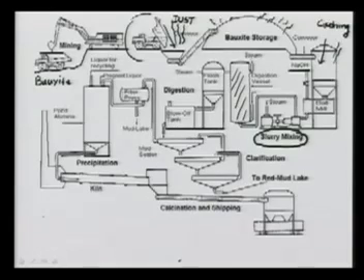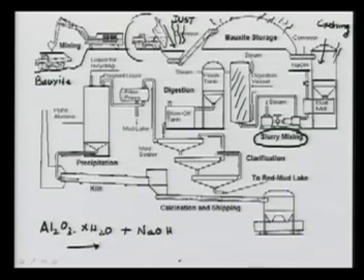Al2O3·XH2O reacts with NaOH, as I made the slurry with NaOH, and gives in dissolved form sodium aluminate, 2NaAlO2, plus water, 1 plus X of water.